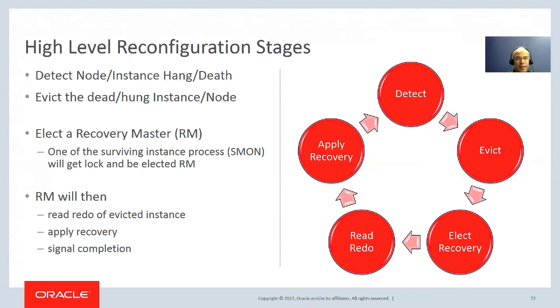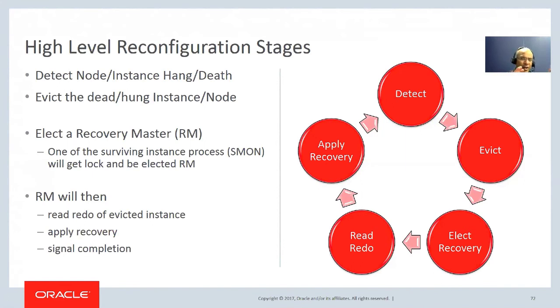This is the node whose SMON will get the lock and then try to read the redo and apply the recovery. The recovery is essentially automatic. The recovery ensures that all the committed transactions are committed and all the uncommitted transactions are rolled back. And then the node is up and open for business.